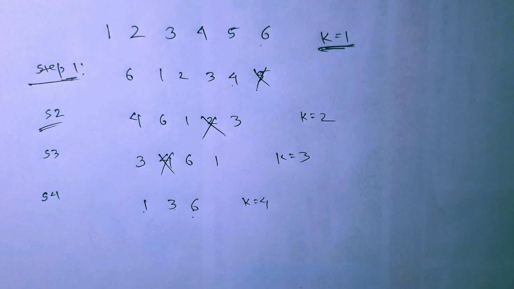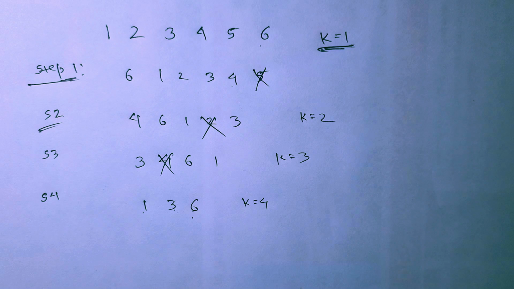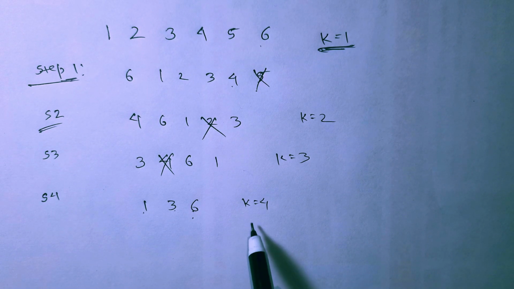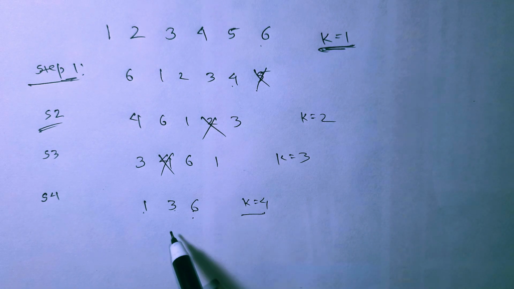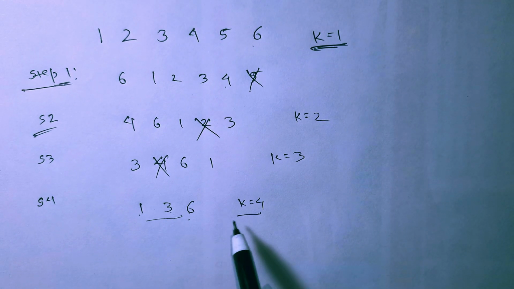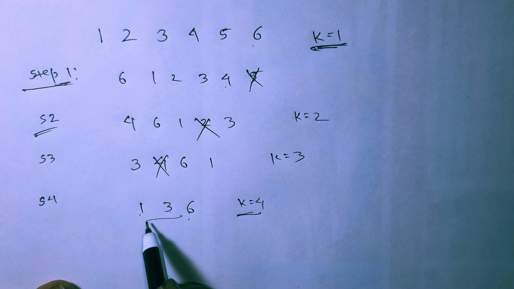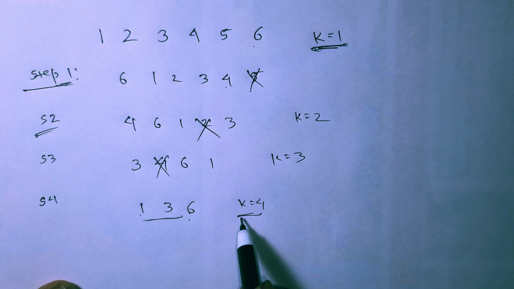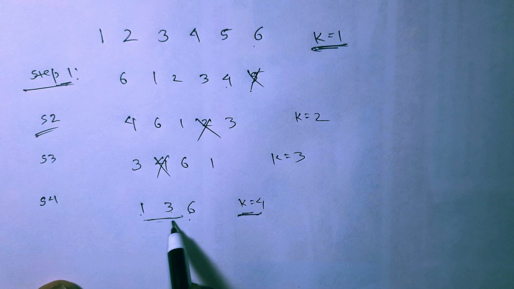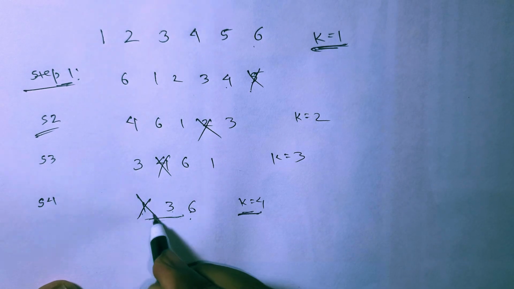But in this problem, if you do the rotation by using the modulo function, then it will give us the wrong answer. So for that reason, if our k is greater than our array size, here the array size n is 3 and our k is 4, then I will delete the first element.